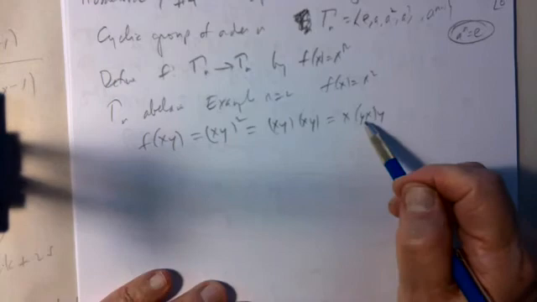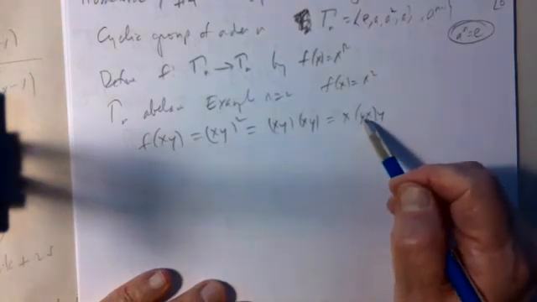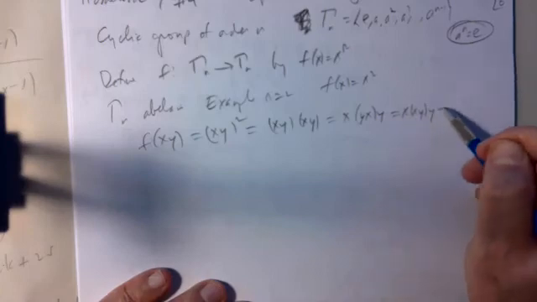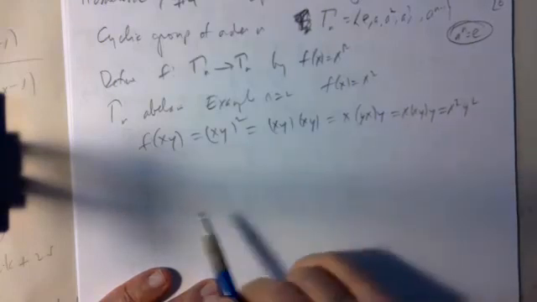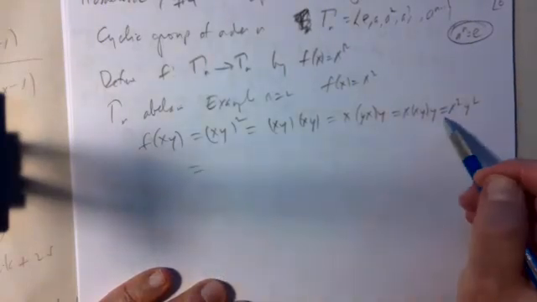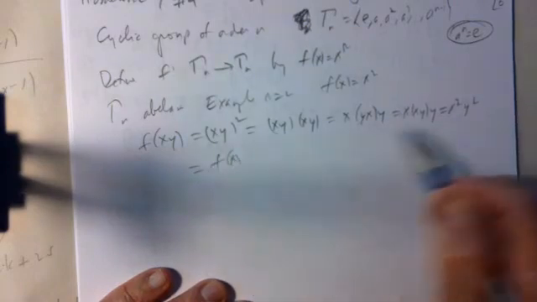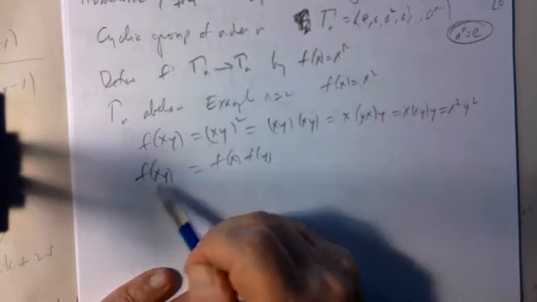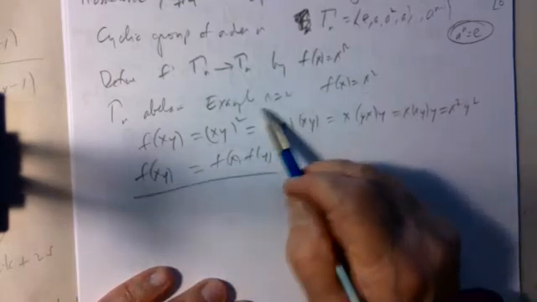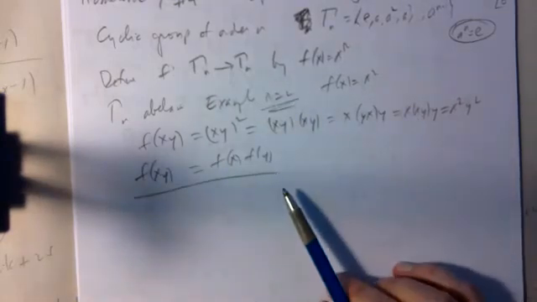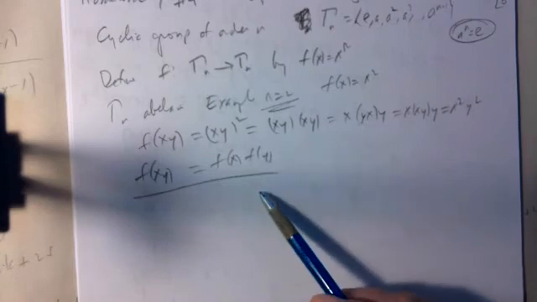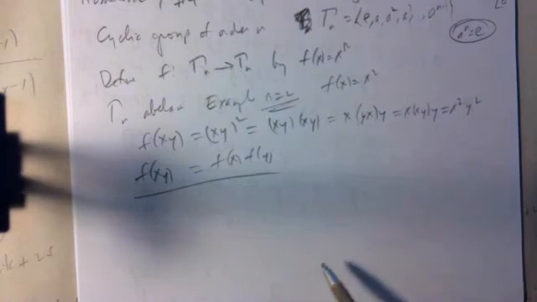And because this is abelian, xy equals yx. This is x times x times y times y, which is x squared y squared. And x squared is f of x, and y squared is f of y. So in the special case when r is 2, you see in front of your eyes that this is a homomorphism.